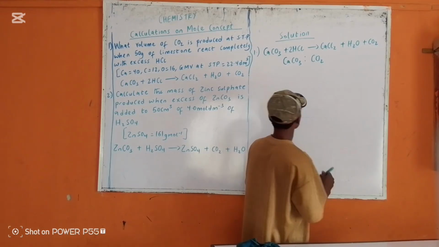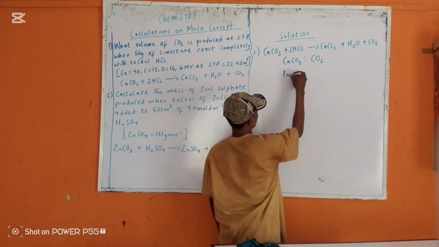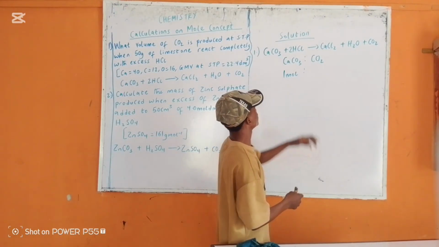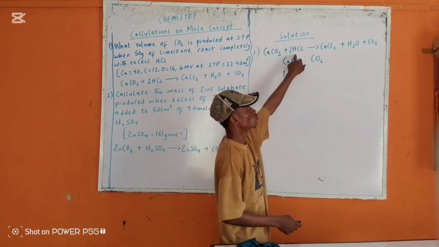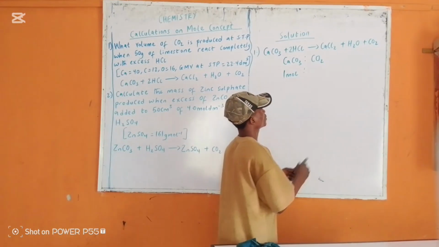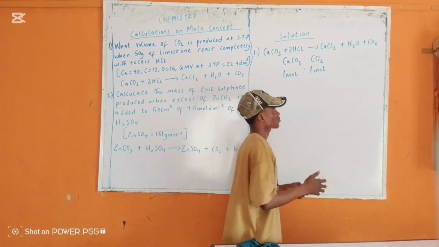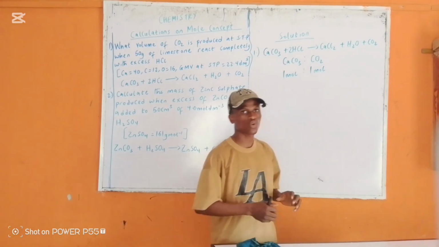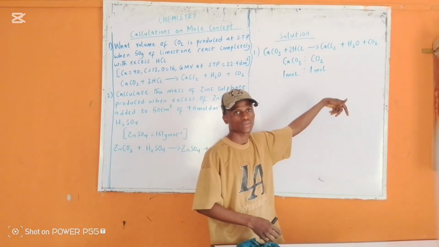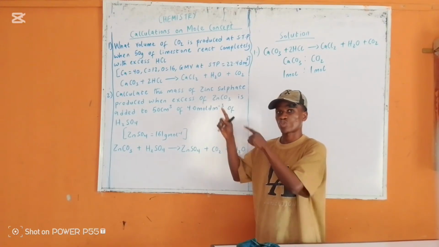We're having 1 mole of calcium carbonate reacting with HCl to produce 1 mole of carbon 4 oxide. So this is what we are making use of to get our answer from the question we are being asked.